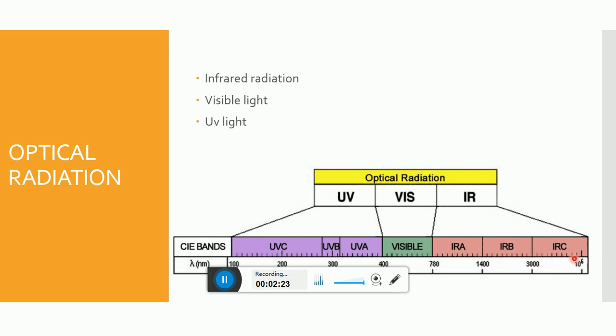As with all electromagnetic radiation, the shorter the wavelength, the greater the energy of the individual quanta or photon of optical radiation. So ultraviolet C will have the shortest wavelength and the greatest energy.